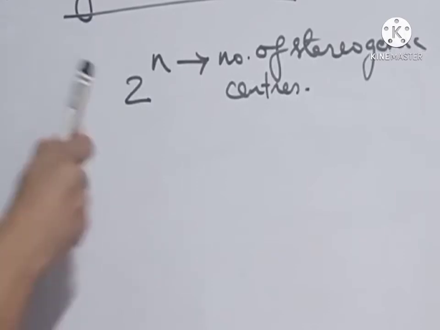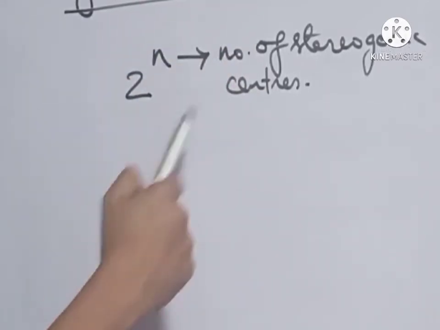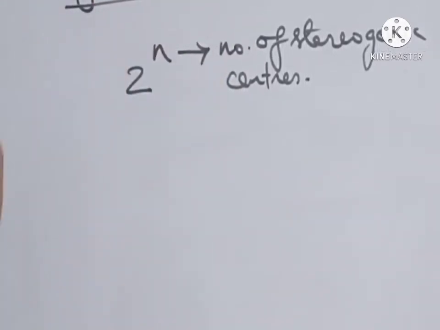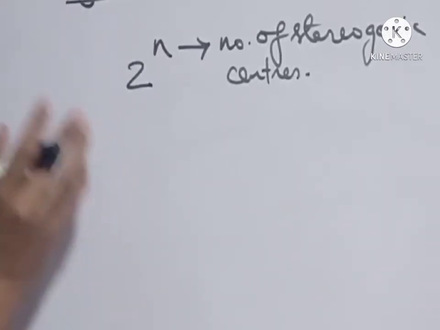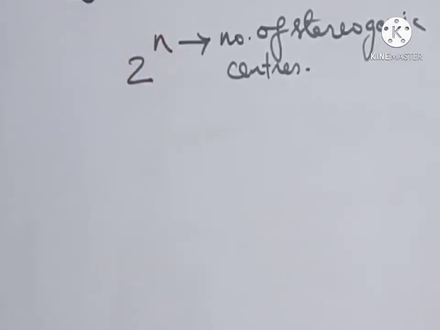So, if n is the number of chiral centers or stereogenic centers, then the total number of stereoisomers will be equal to 2 raised to n.